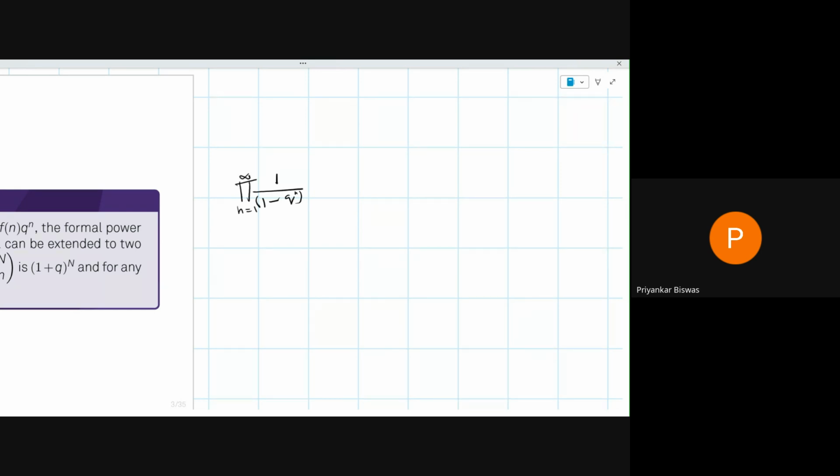I think this is what you are talking about. Yes, that actually comes from an infinite product, a product of infinite sums. Yes. We'll talk about this. We'll talk about different types of generating functions in this topic.